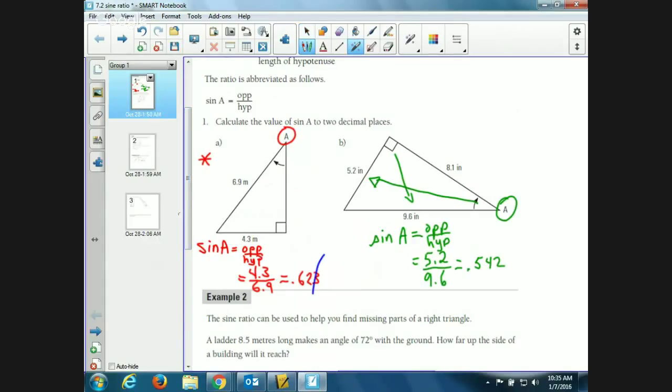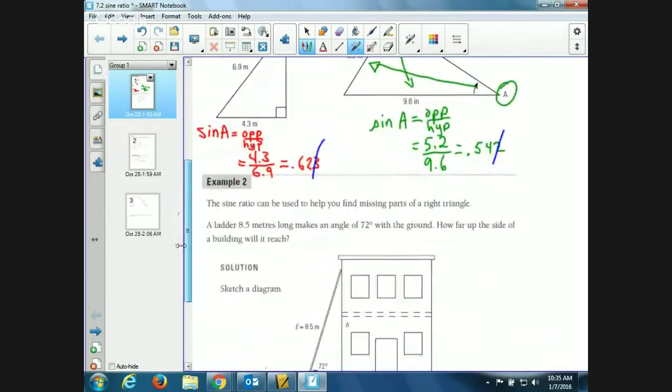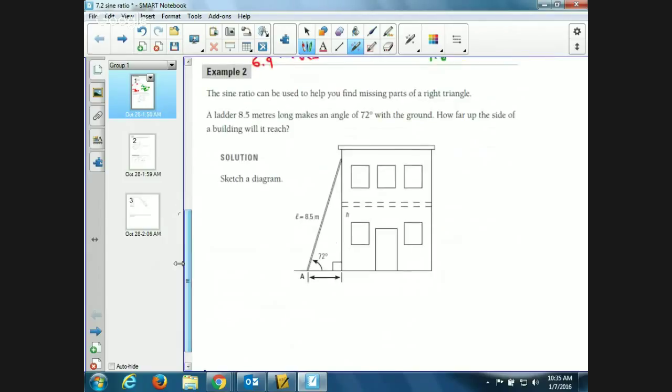So you could have scratched those off, but there's no harm in doing an extra one. But you should follow directions, okay? If you need to pause the video to copy something, do that.